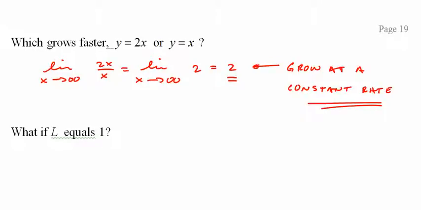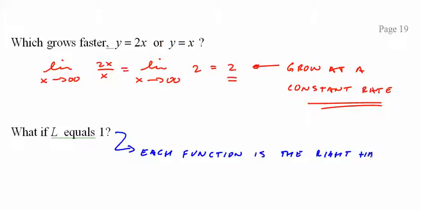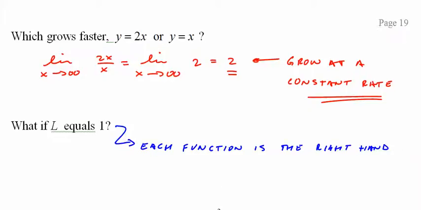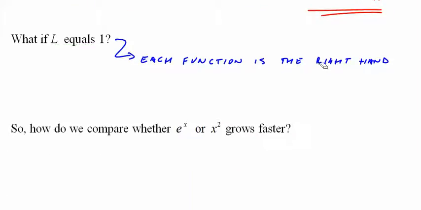But regardless, what if L equals 1, then their end behaviors are the same. And each function is the right hand end behavior of the other.